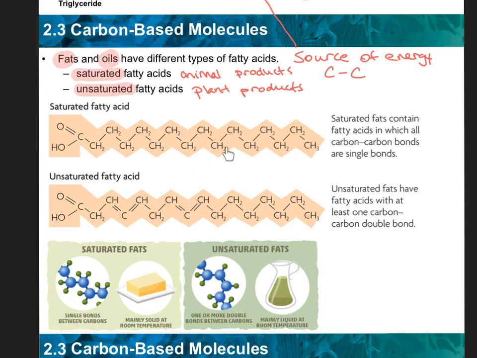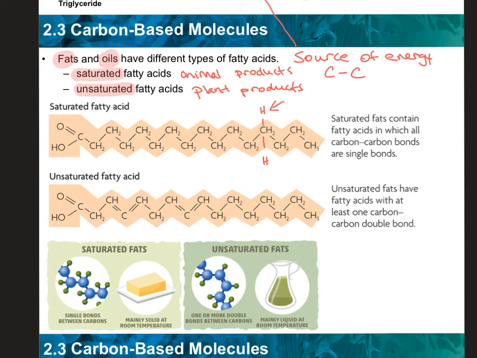Now, what I don't like about this diagram, and you might find confusing, is the way that they've drawn the hydrogens. So we just have to imagine that each one of these hydrogens there would be one here and one here. That's where these 2 hydrogens would be. They've just written it out this way instead of writing it out structurally the way that I just did.